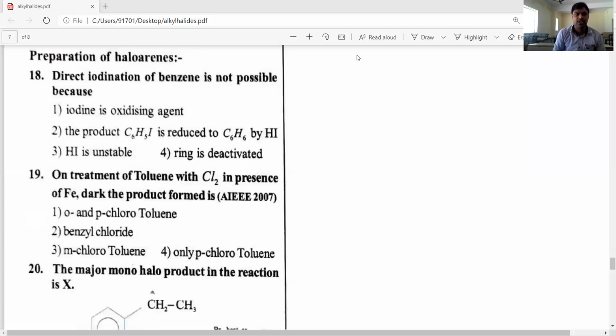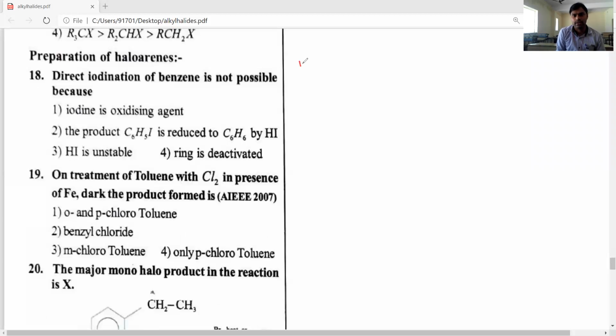Next, see here, direct iodination of benzene is not possible. Why? If for example you are doing iodination, benzene with iodine in the presence of FeCl3 catalyst or AlCl3, then the product is iodobenzene plus HI.